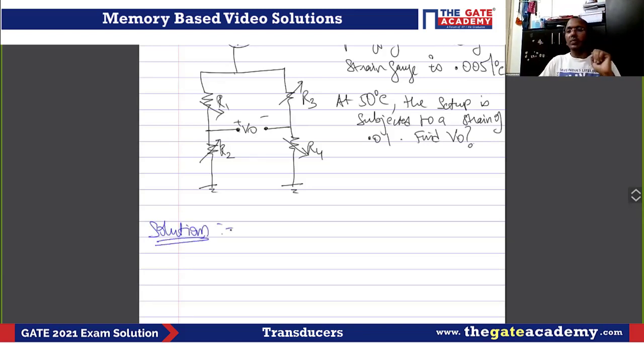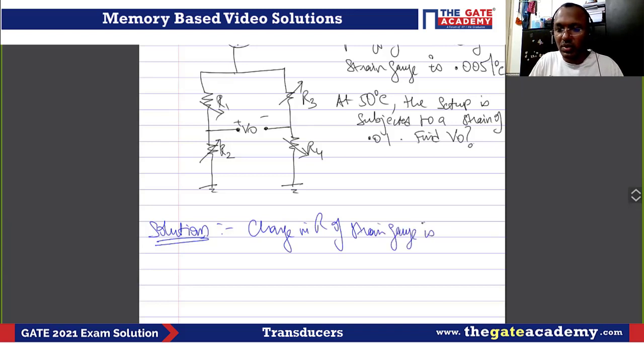See, one thing is clearly there is some direction of arrow also shown here. Clearly the change in resistance of strain gauge is sensitive to the direction of load.